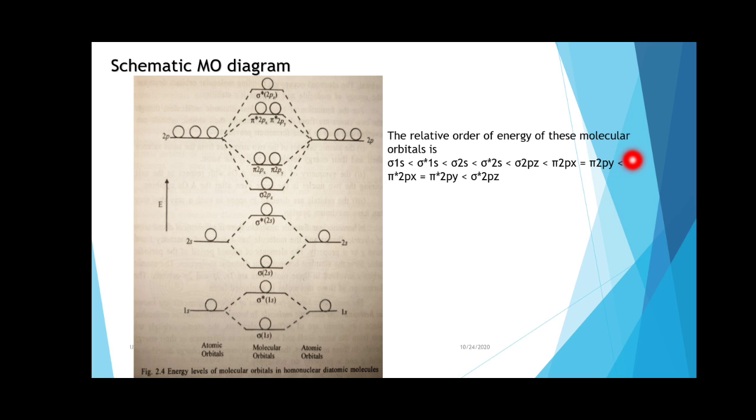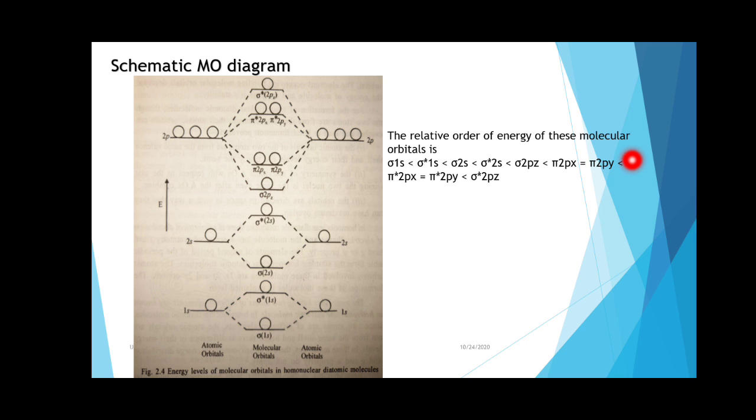For example, when the 1s atomic orbital of one atom combines with the 1s atomic orbital of another atom, how many atomic orbitals combine? Two. Okay, dear students.